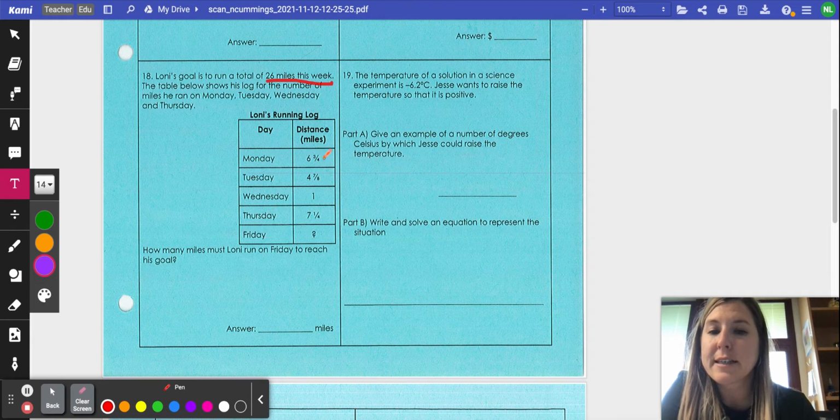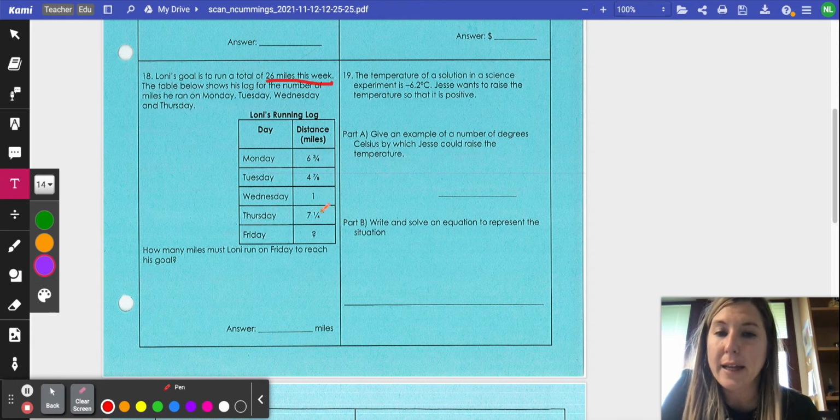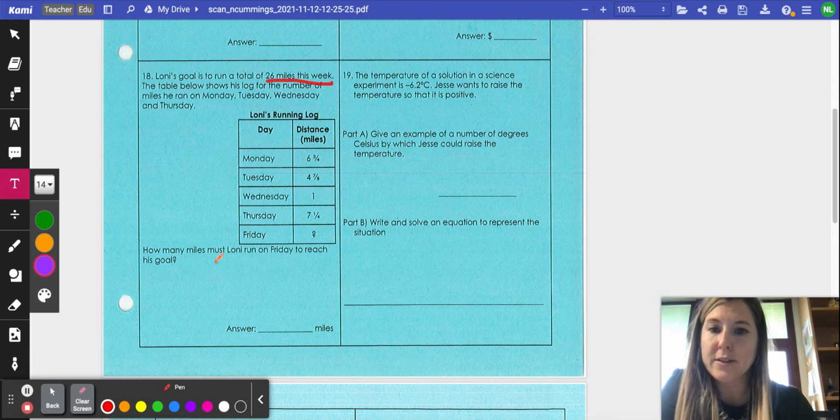And here it's listing the distance in miles that he already ran. How many miles must Lonnie run on Friday to reach his goal? So here's what he already did. You have to figure out how many more miles he must run to get to 26 miles this week.